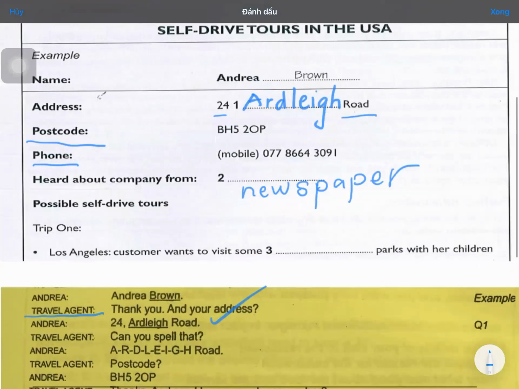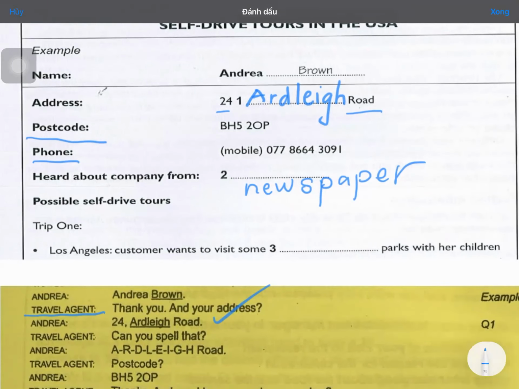And now, after the guy collected all the information he needed, he started to give the lady some information about different self-drive tours. Tung Anh, about trip number 1, this Los Angeles, right? This lady wants to visit some.